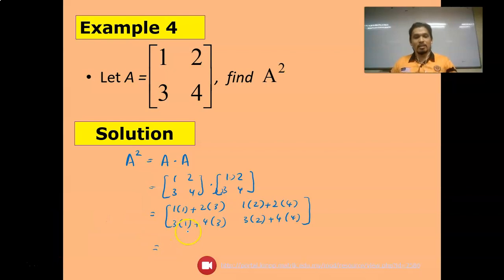So then it's time for us to multiply and add everything here. So 1 times 1 equal to 1, 2 times 3 equal to 6, 1 times 2 equal to 2, 2 times 4 equal to 8, 3 times 1 equal to 3, 4 times 3 equal to 12, 3 times 2 equal to 6, 4 times 4 equal to 16.